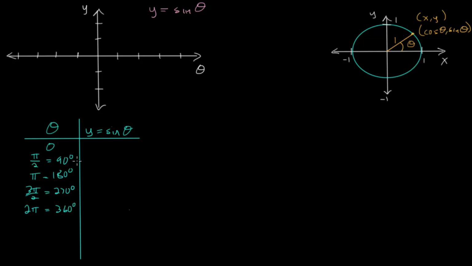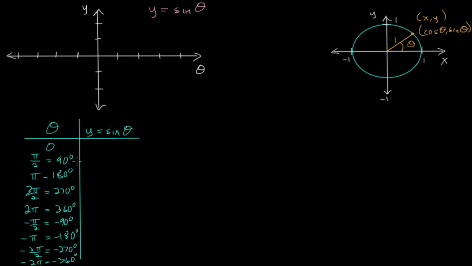Though we can also look at the negative values. We can look at minus pi over 2, which would be minus 90 degrees, minus pi, minus 3 pi over 2, and negative 2 pi. And I'll fill in these very quickly.